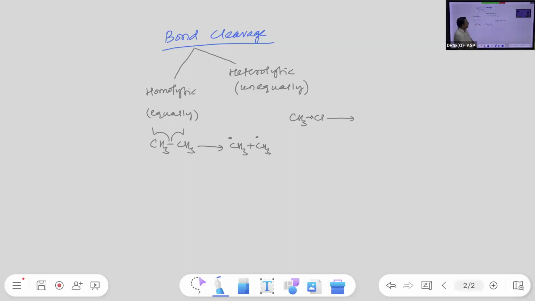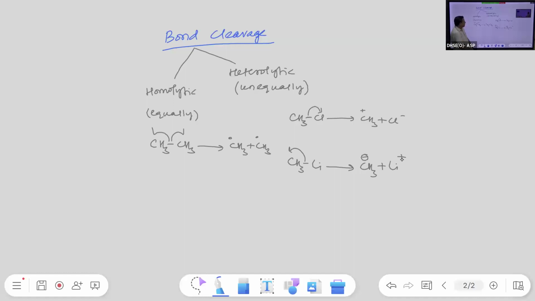So which atom will it move towards? Towards the more electronegative atom. So it is CH3 plus, Cl minus, and if it is lithium, then lithium is electropositive, so the pair of electron will move towards carbon.